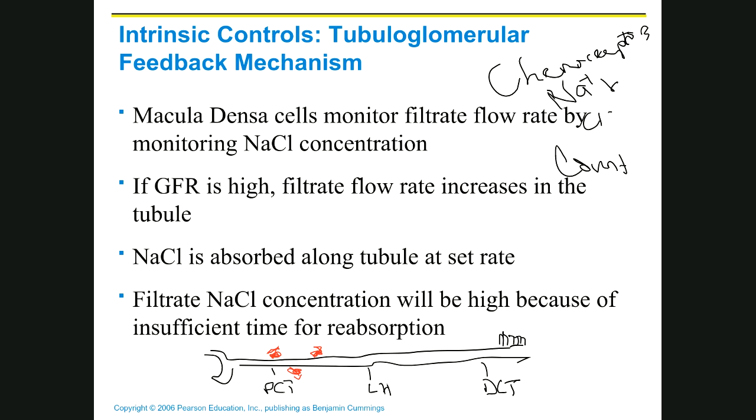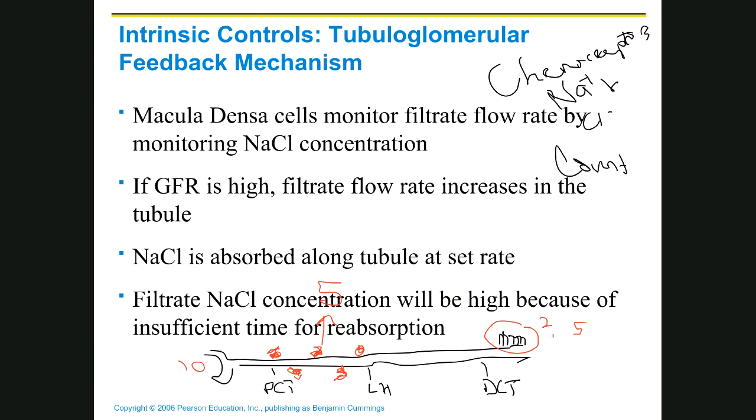So let's say we have this many carriers, 5. Well, think about it. 5 carriers can basically pull out 5 sodiums. So if I have 10 sodiums come in and 5 is being pulled out, how many is going to be over here when these are going to count it? 10 came in, 5 was pulled out, there's only 5 left, right?